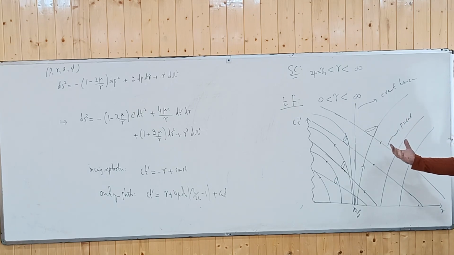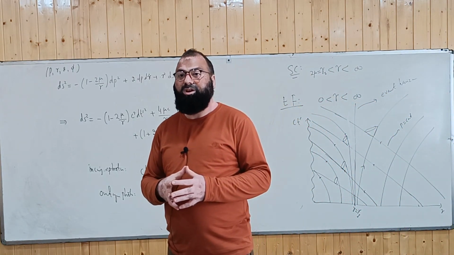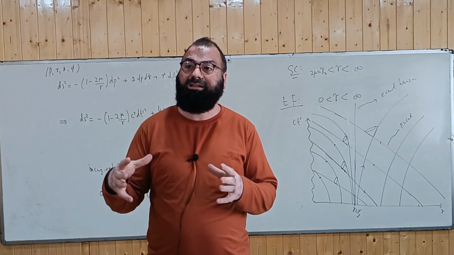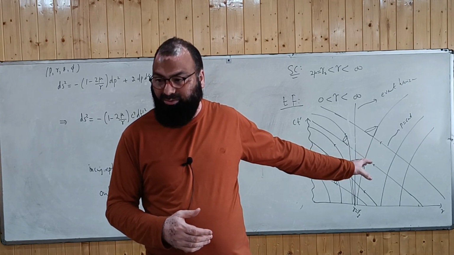So what will happen? What kind of structure will I have? This coordinate system we have constructed with the help of the geodesic of an incoming photon, the radially ingoing photon, which is moving towards R equal to Rs.